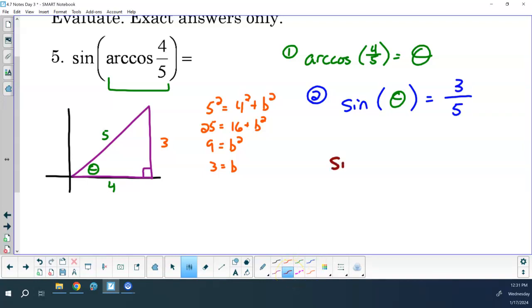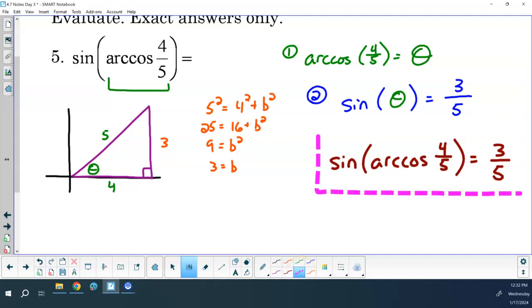So the sine of the arc cosine of 4/5 is 3/5.